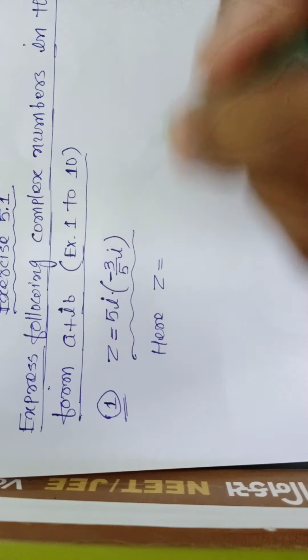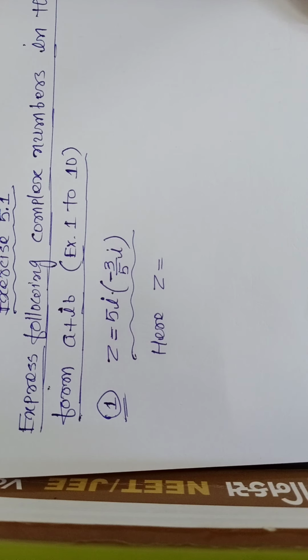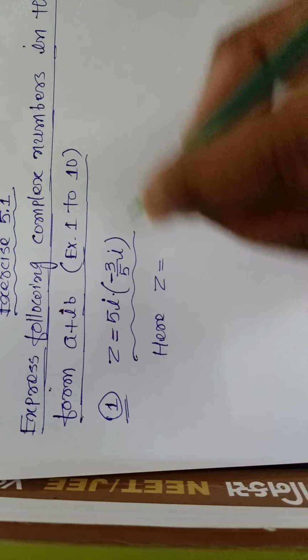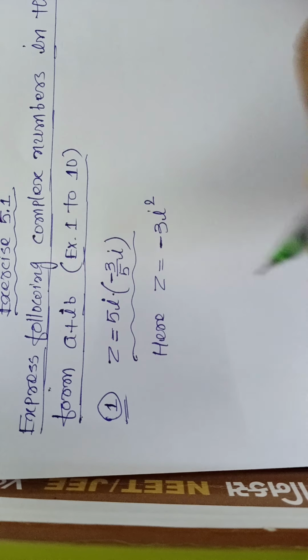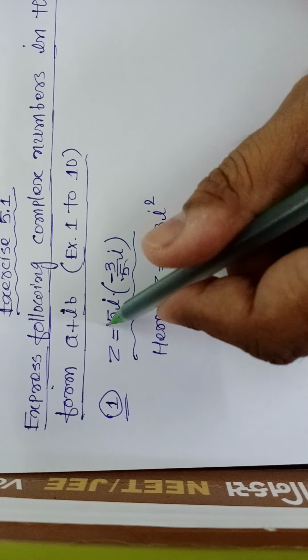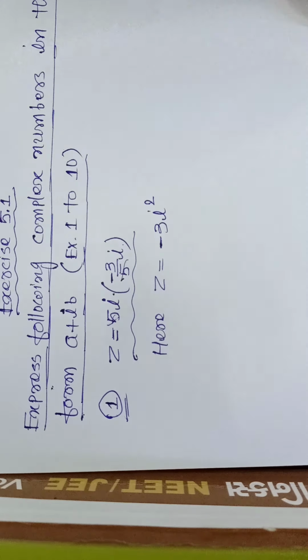I can say that this 5 cancels, so 5 cancels and what we get? Minus 3i square. See, 5 cancels, i is multiplied there. And therefore z is what? Z is now minus 3 into minus 1, because i square is minus 1. It means z is equal to 3.